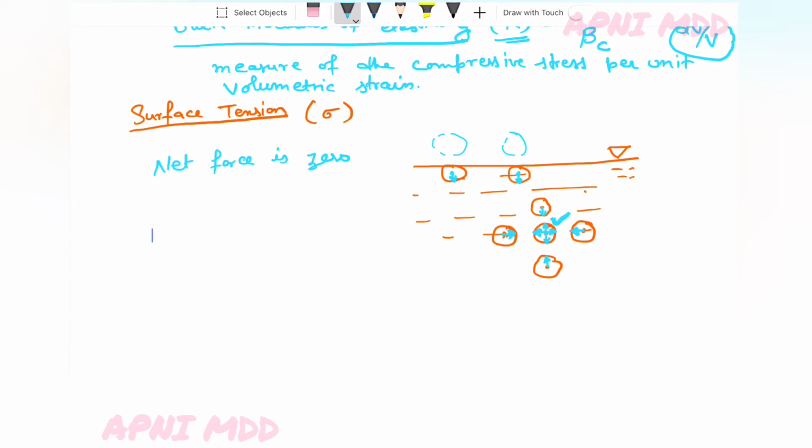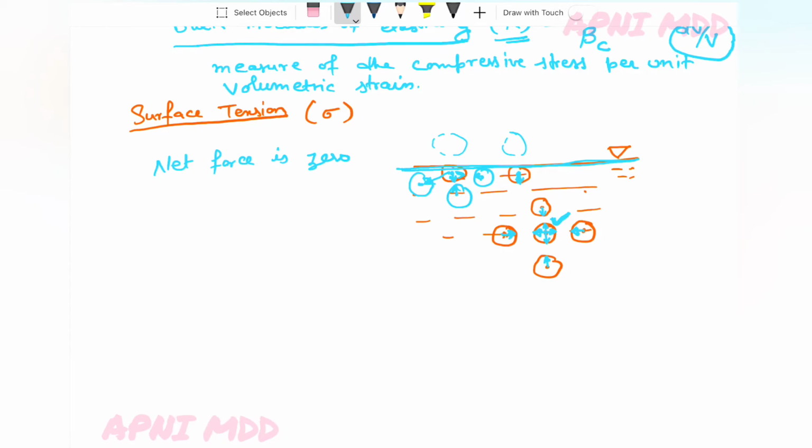The molecules which are at the surface are again surrounded by a number of molecules. So due to that, they experience some inward force. Similarly, this molecule again experiences some inward force in the downward direction. So due to this net inward force, we get a stretched membrane of the liquid surface.